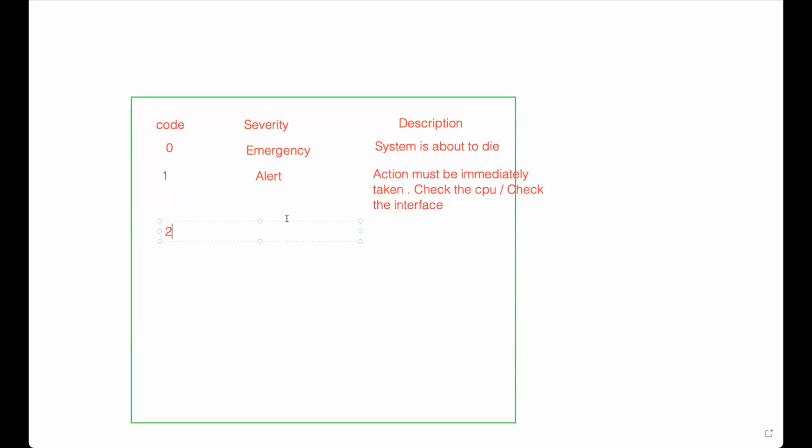Next is critical condition. For example, the WAN interface went down, or packet loss. Code 3 is errors, like cannot log in to the switch, those kinds of errors.